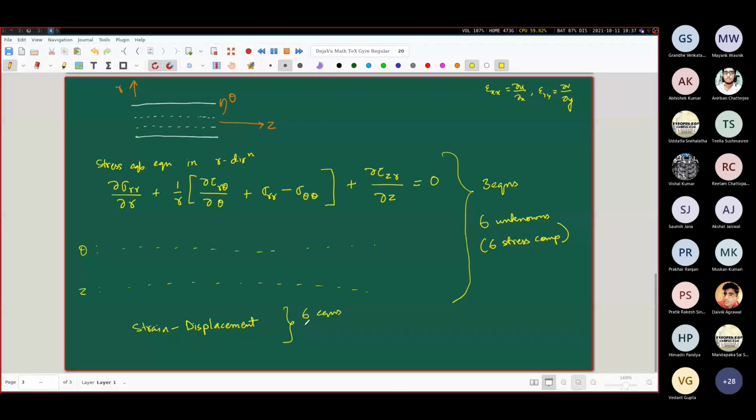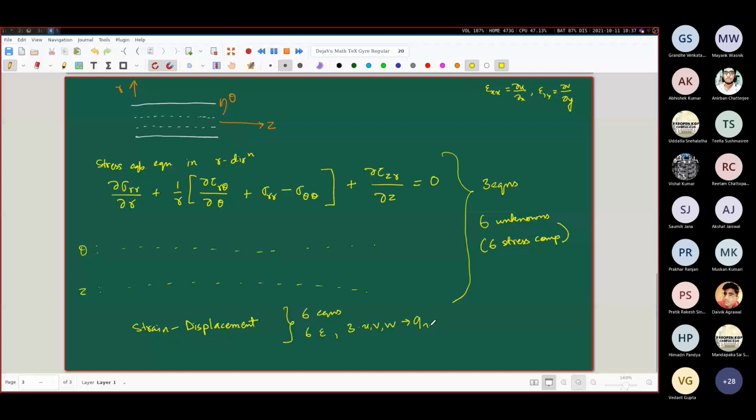In these strain displacement relations, the previous unknowns, the 6 stress components, are no longer appearing. Rather, new unknowns are appearing: the 6 epsilons and the 3 displacements, u, v, w. So in total, 9 unknowns.